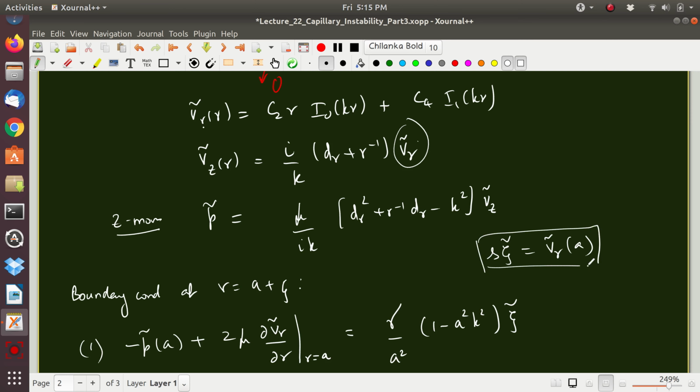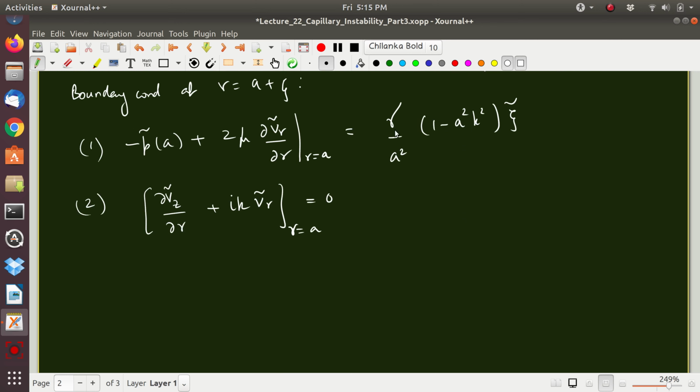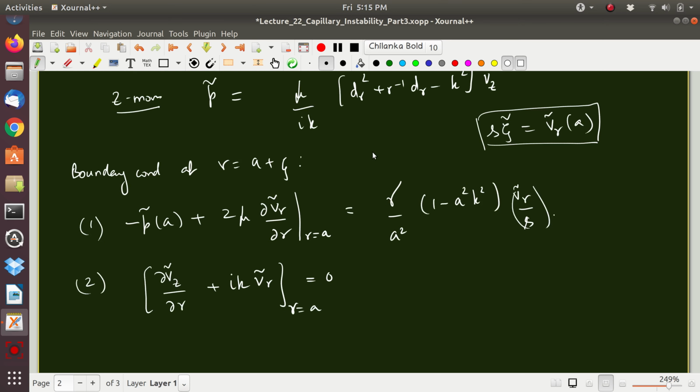So you essentially have all represented in terms of two constants. You have two boundary conditions, so here instead of zeta I can put Vr by s. Okay, now everything can be found in terms of the two constants and Bessel functions.